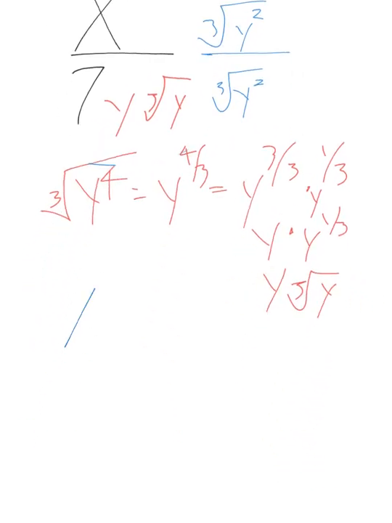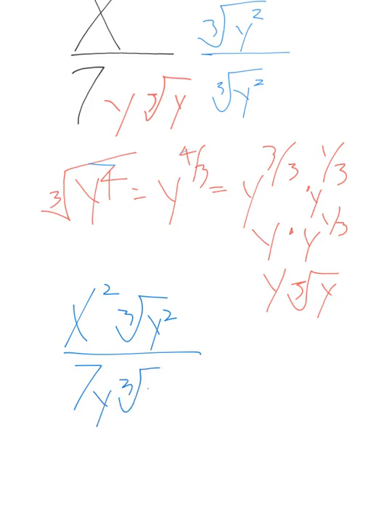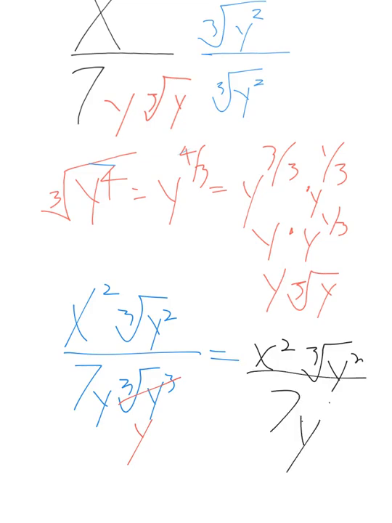I have x squared cube root y squared over 7, and I'm just going to write everything down again. 7 cube root of y cubed, I should say. And then the cube root of y cubed just turns into y. And so I now have x squared cube root y squared over, and then y times y is y squared, so 7y squared.